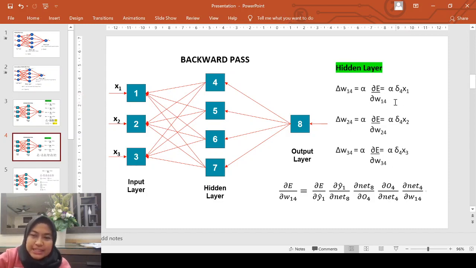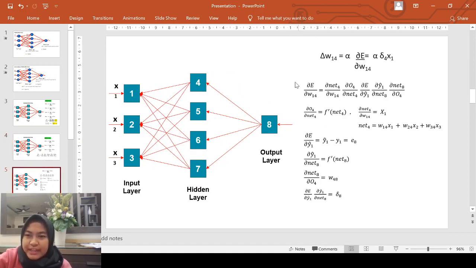So how do we get this delta E over delta W14? We obtain that by chain rule like before. We simplify this chain rule, so delta O4 over delta net 4 is equal to delta output 4 over delta net 4.